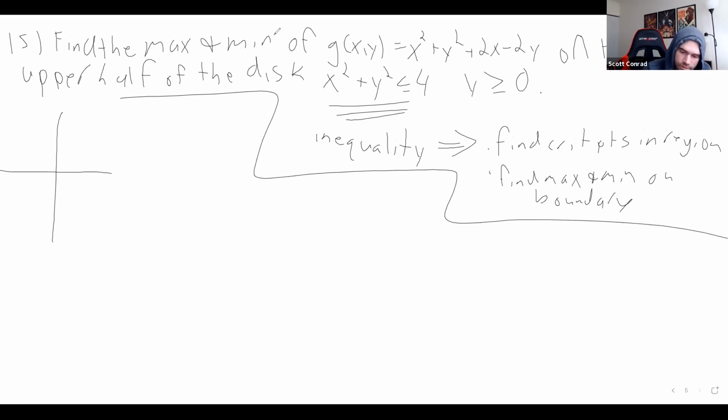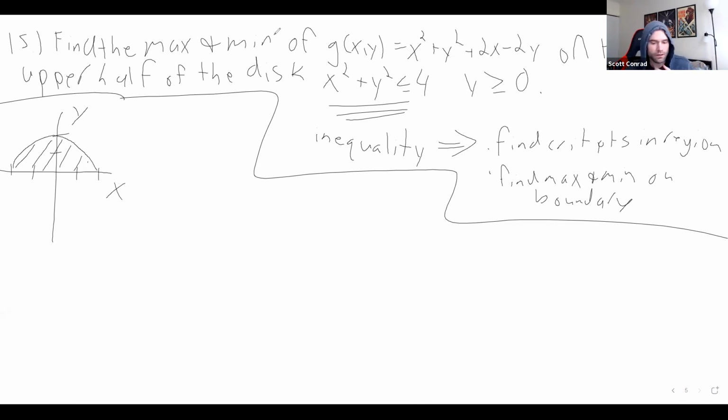Okay, so let's sketch our region. So x squared plus y squared less than or equal to 4. So that's a set of points inside the circle x squared plus y squared equals 4. And we're considering the top half of that. So that's a circle centered at the origin of radius 2. And we're just looking at the top half, and it's everything inside of there.